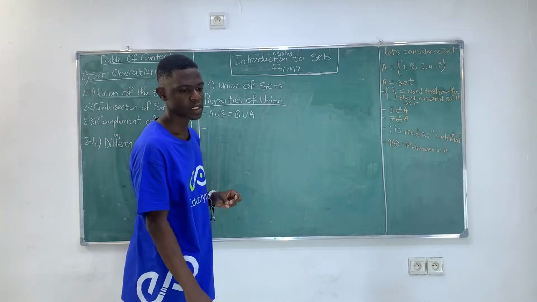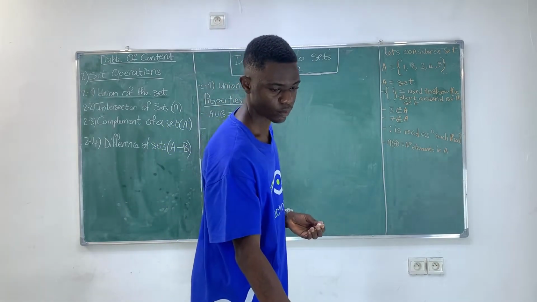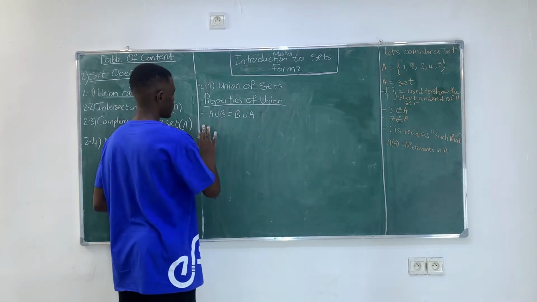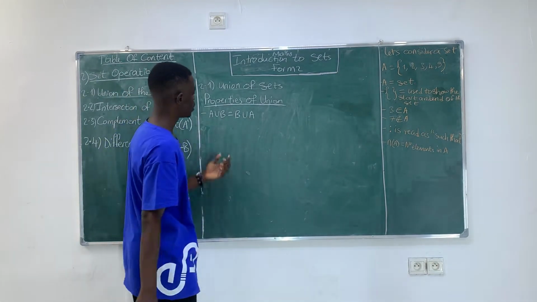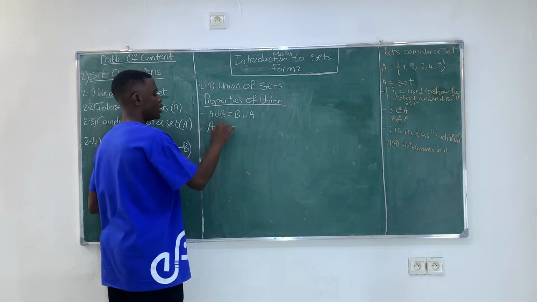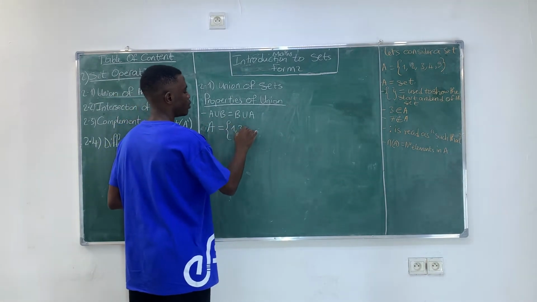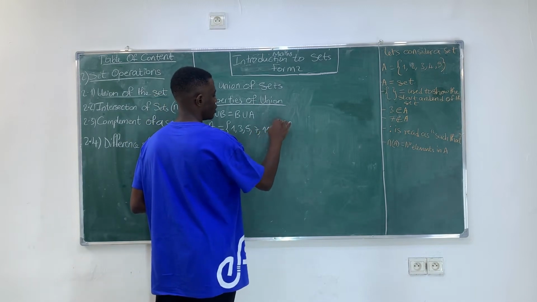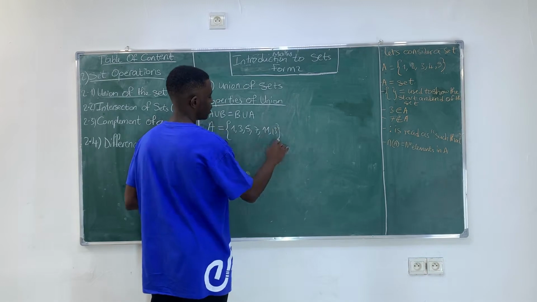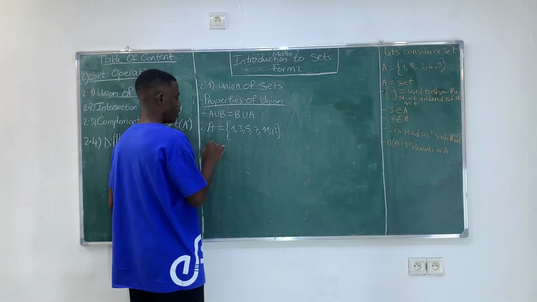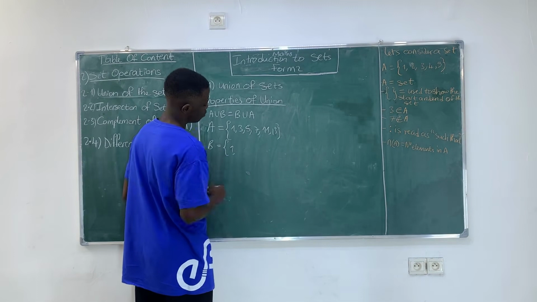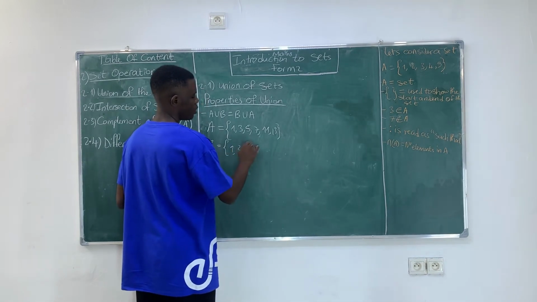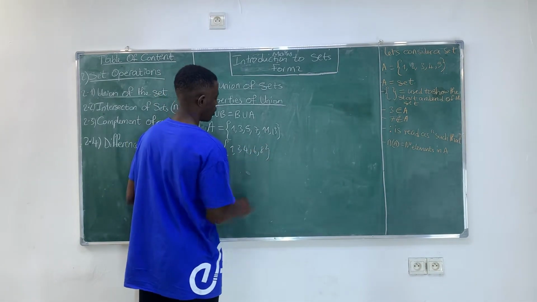The second property says, well, let's do an example of this first property. If you have A as 1, 3, 5, 7, 11, 13, and I have B as 1, 2, 4, 6, 8.